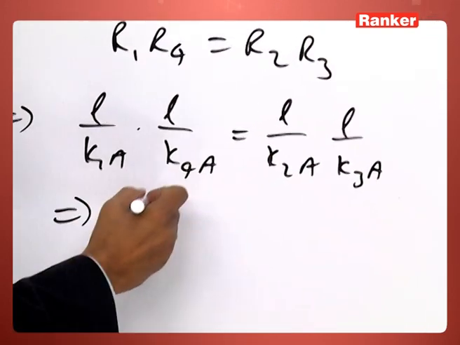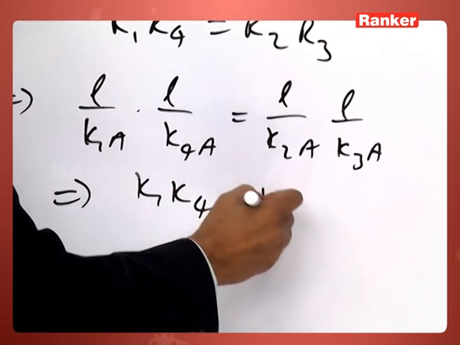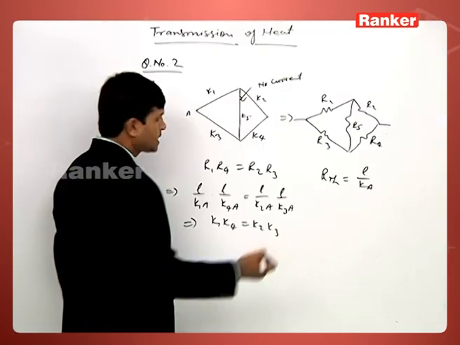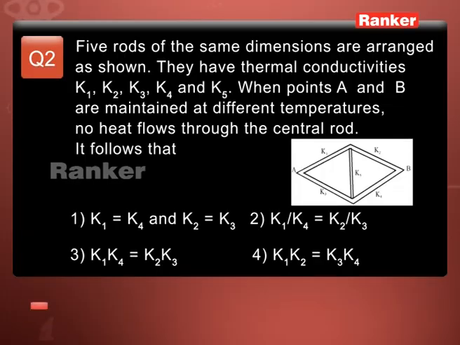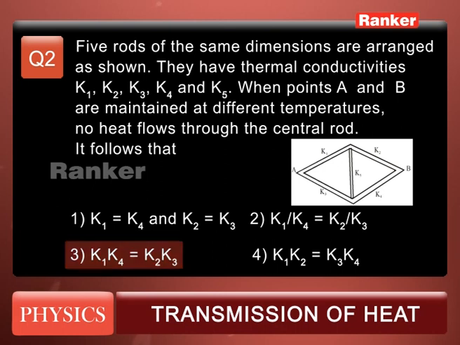From this we have K1 K4 is equal to K2 K3. So our correct option is option number 3. This is the correct answer.